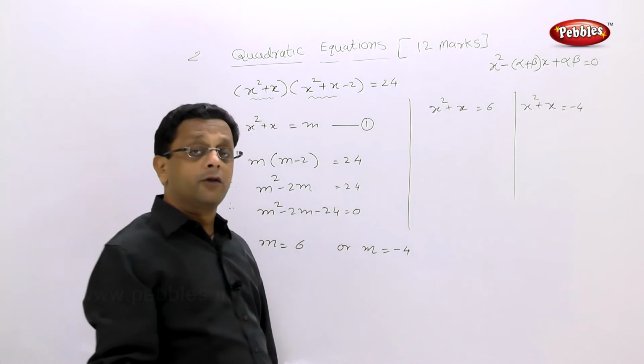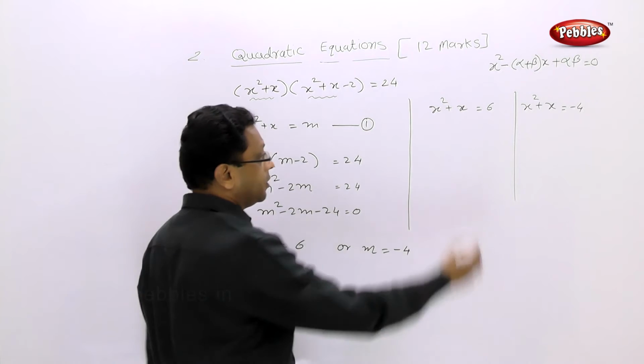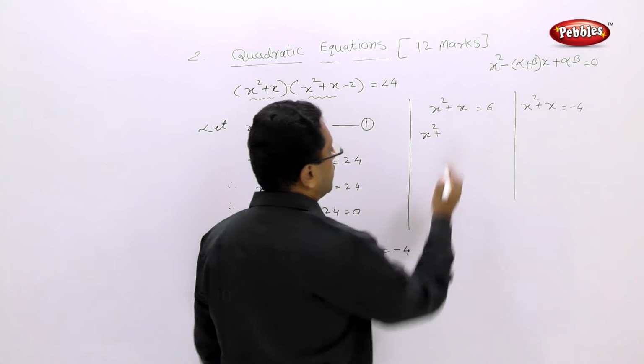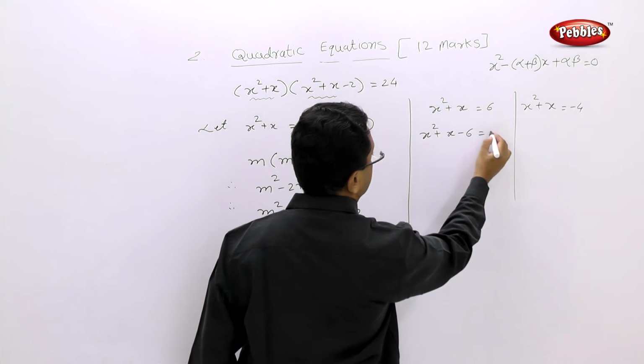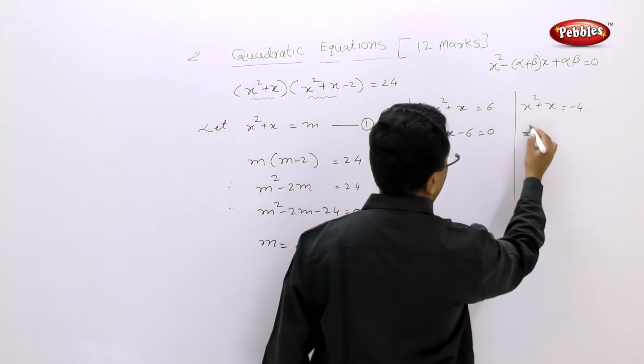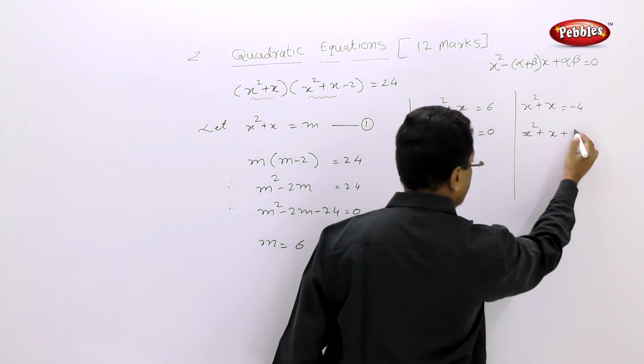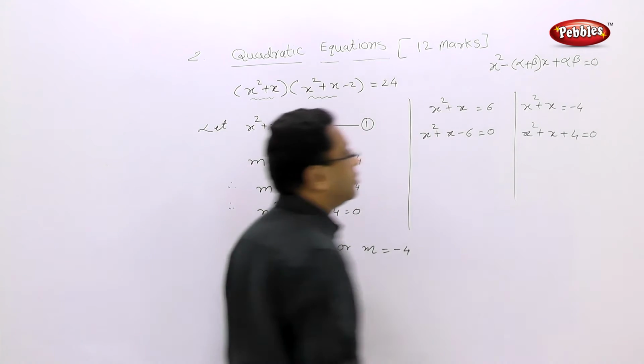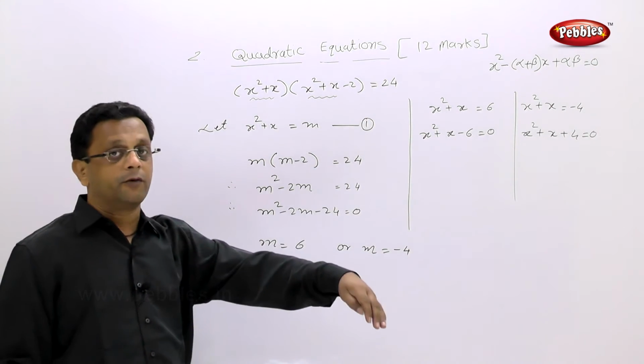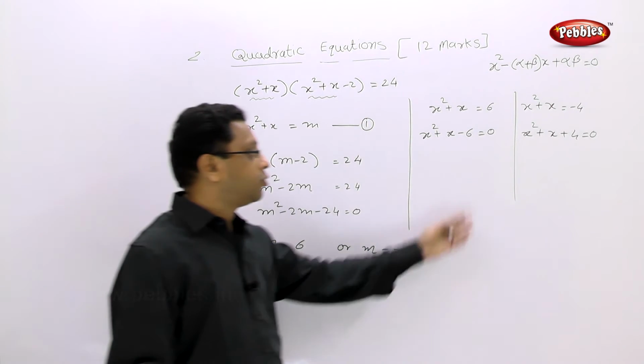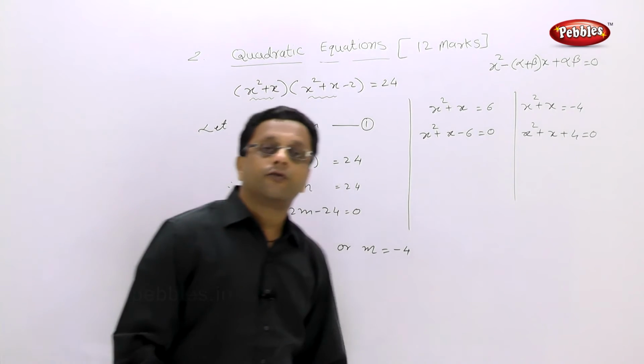Now you have again got one more quadratic equation: x square plus x minus 6 is equal to 0 and x square plus x plus 4 is equal to 0. Now solve these two quadratic equations and ultimately you will get 2 values here, 2 values here, 4 values.